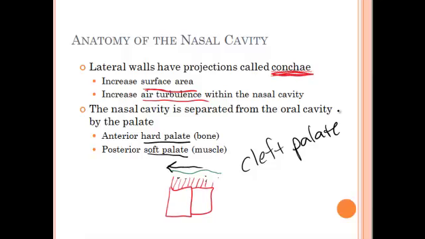You end up with this space in there, and we call that a cleft palate. And that can cause a number of problems, including breathing, speech, eating, and things like that. But this is something that can be fixed with surgery. And this is something you often see on TV, is doctors going into third world countries and helping fix these cleft palates that little kids have. So that's the nasal area.